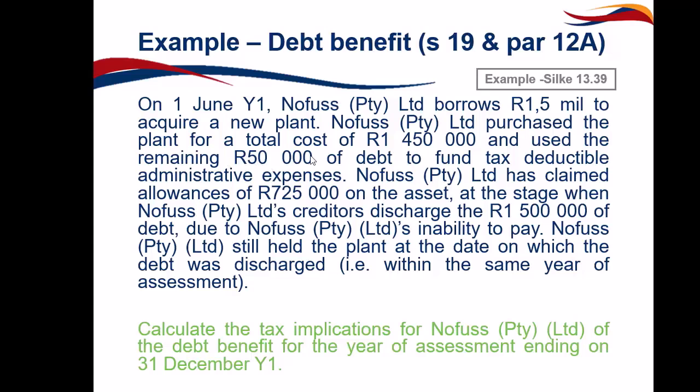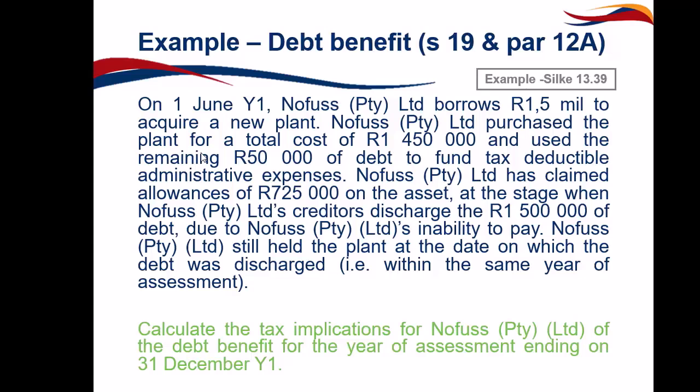And used the remaining 50,000 of debt to fund tax-deductible administrative expenses. Aha. So now we're seeing something new here that we have not seen in the previous examples. The debt was used to pay for tax-deductible expenses. And right there, you're thinking about section 19(5).